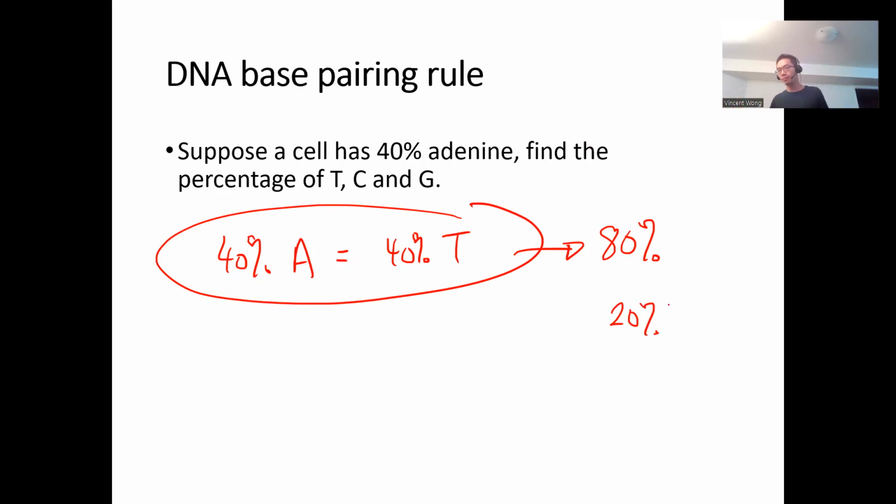And Sarah, you are absolutely correct. 20% for the C and the G, and you split them evenly. Divide by 2, and you have 10% C, which equals 10% G. That's all. Fairly straightforward. If you need to rewatch this, look at the recording at the 40-minute mark, so skip to the 40-minute mark.